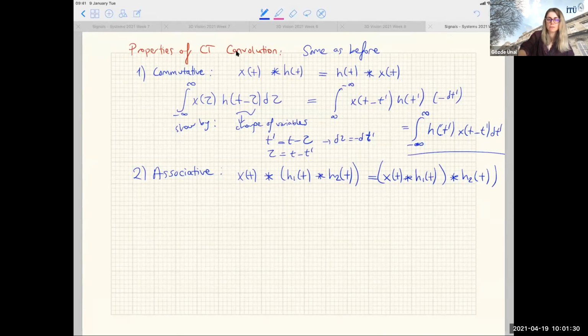Okay, Çağlar, good. Seems correct. All right. You guys saw it. So this one, you guys can also check through integrals. Third, distributive over addition.